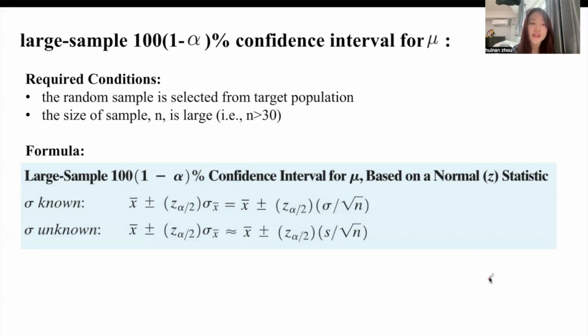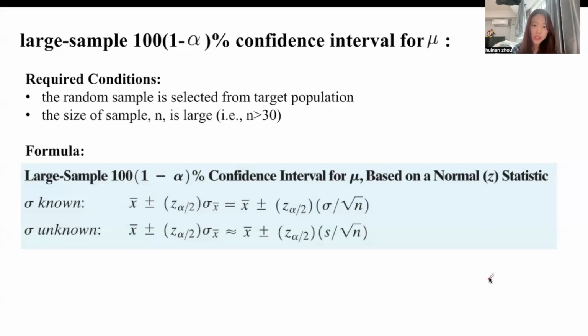And the second one is that the sample size n is large enough, as we call it a large sample. So how do I know if it is large enough or not? We have a rule here that if n is greater than 30, then we can think n is large enough. So why do we have this requirement?